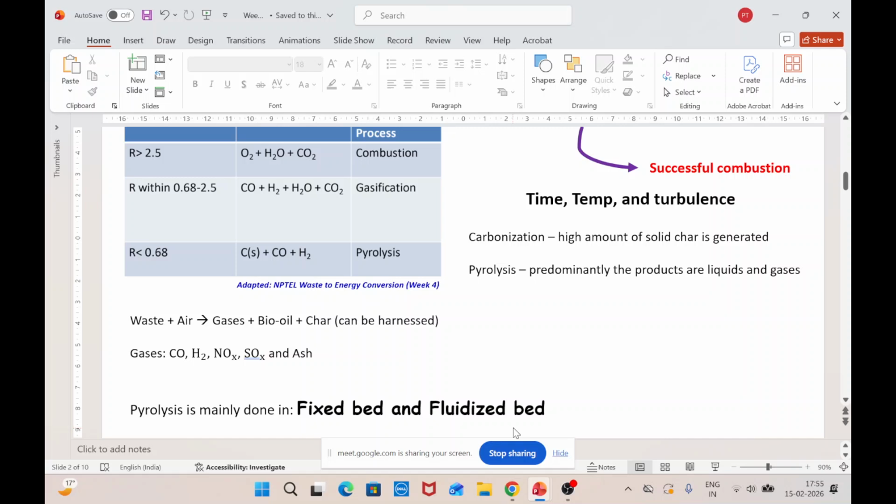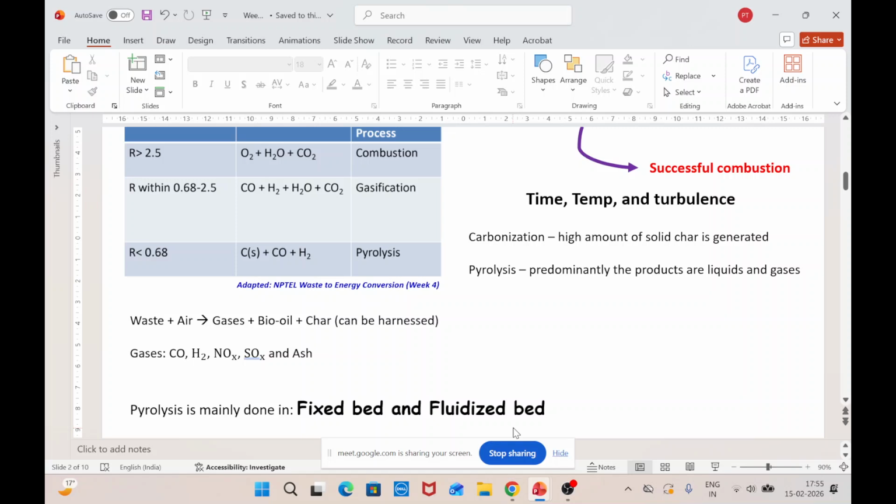So that will make the process economically viable. Improving energy density not only helps in getting more energy, but also reduces the overall expenses.